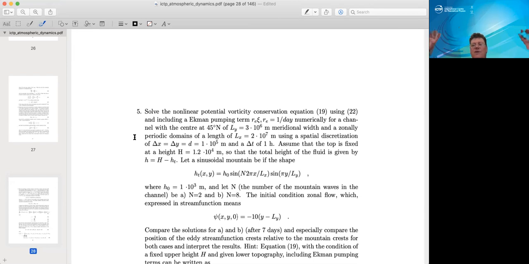If you do that, you will see that in this case it's again a forced wave, because we assume that there's a mountain range that causes our wave. And then you can study what is the response of the flow to this mountain forcing in this channel.